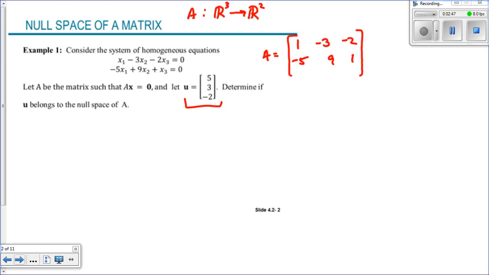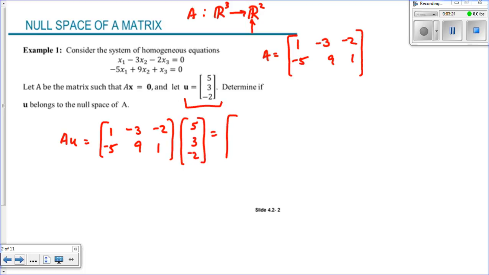If u is in the null space, then A times u should be 0, because the null space is the set of all vectors that when multiplied by A give 0. Of course 0 in this case, since it's a vector in R2, would be 0, 0. We can easily check by just multiplying. If it's in the null space, we'd better get the vector 0, 0.